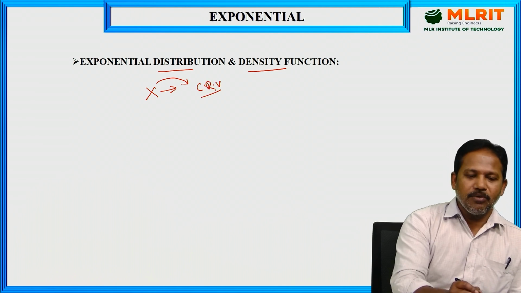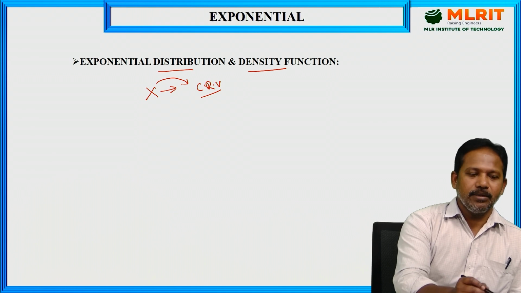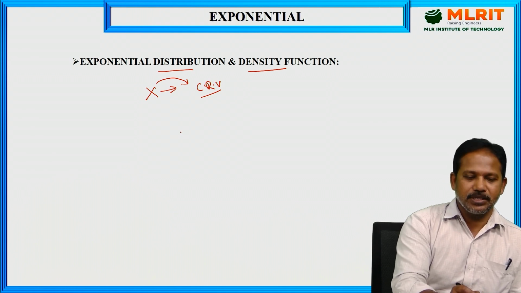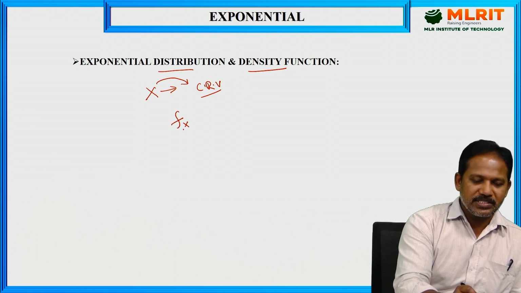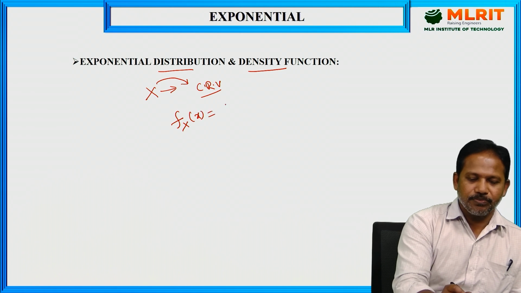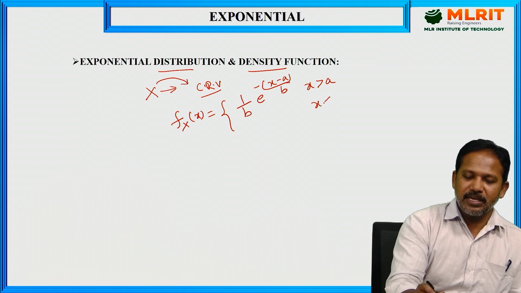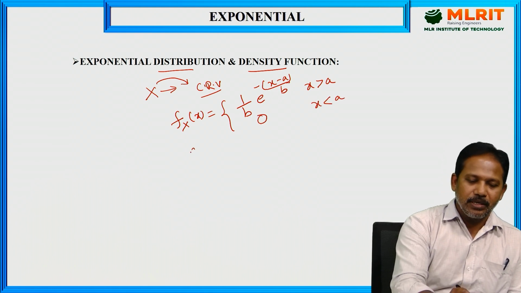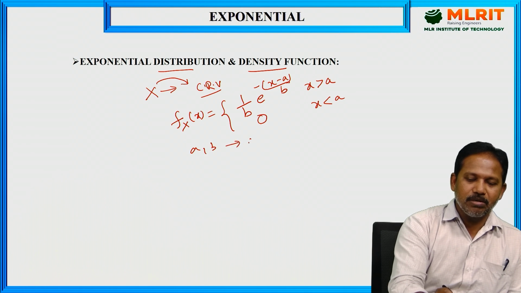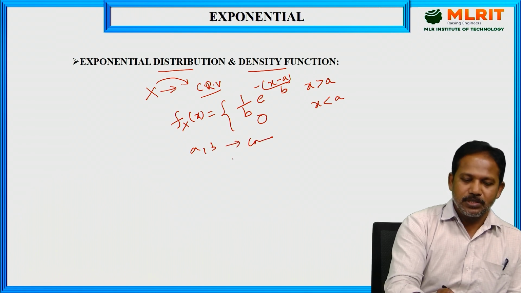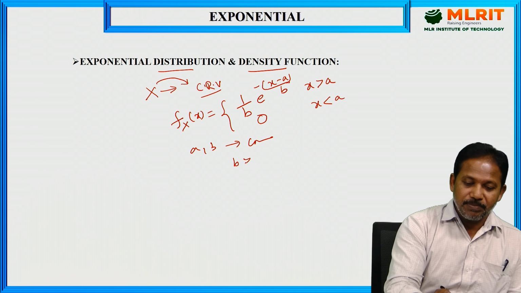The exponential density function is fX(x) equals 1 by b into e power minus of (x minus a) by b for x greater than a. If x is less than a, the value is 0. Here a and b are constants, and b must be greater than 0.